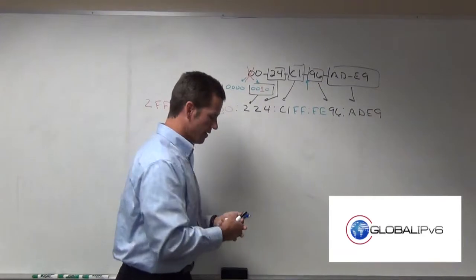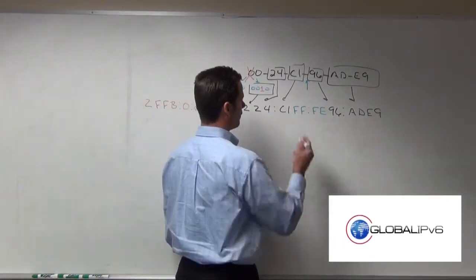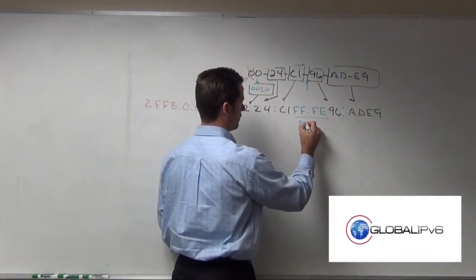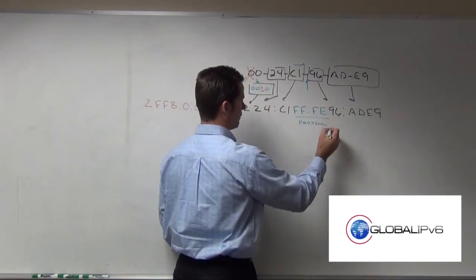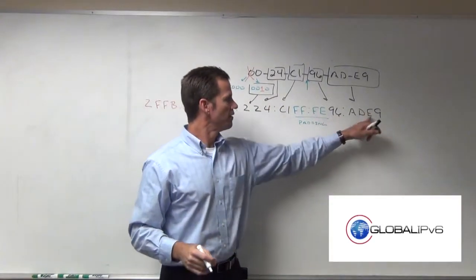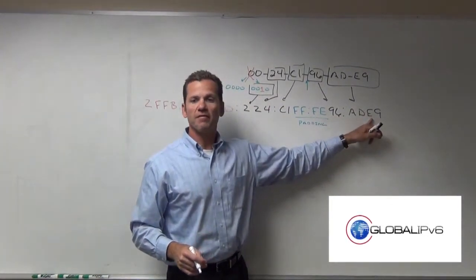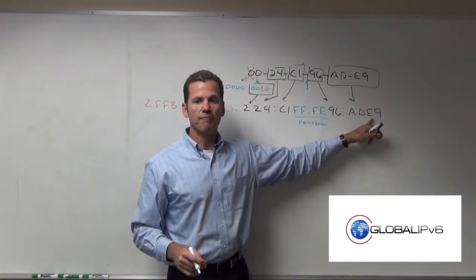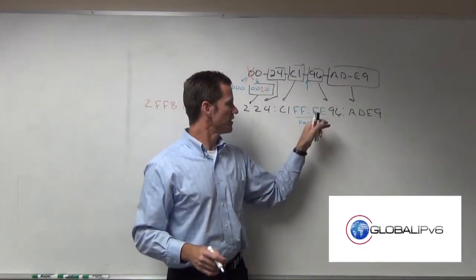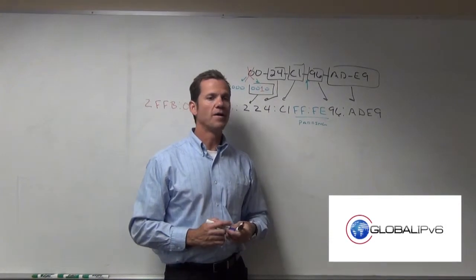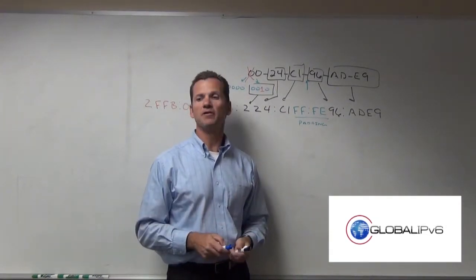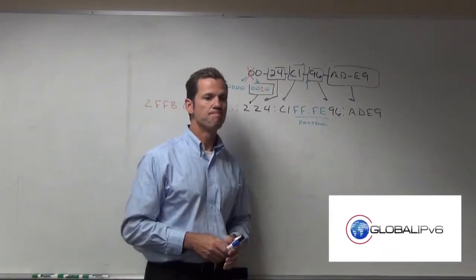This is my padding right here in the middle. And then we have the last 3 bytes of the Ethernet card's address right here. So with 48 bits plus 16 bits of padding, we now have a 64-bit host portion.